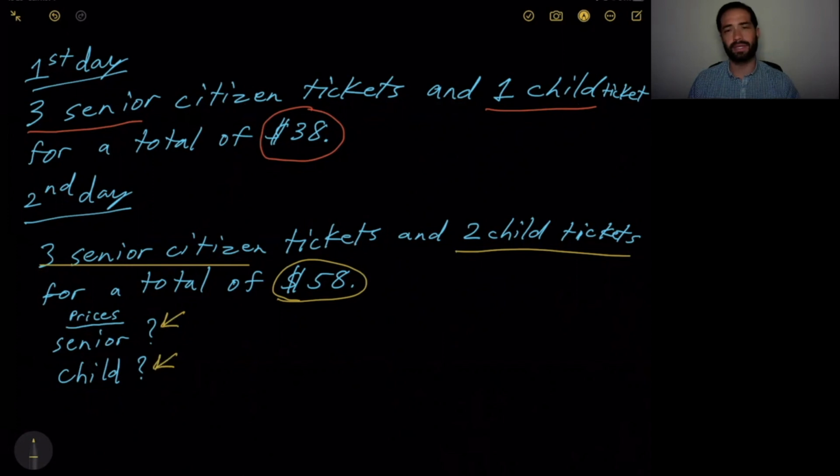Well, again, we're going to set up 2 equations. You guessed it. And we're going to use these key phrases, and we are going to label each thing. So we have senior citizen tickets, we have child tickets, and then we have the total amount of money.